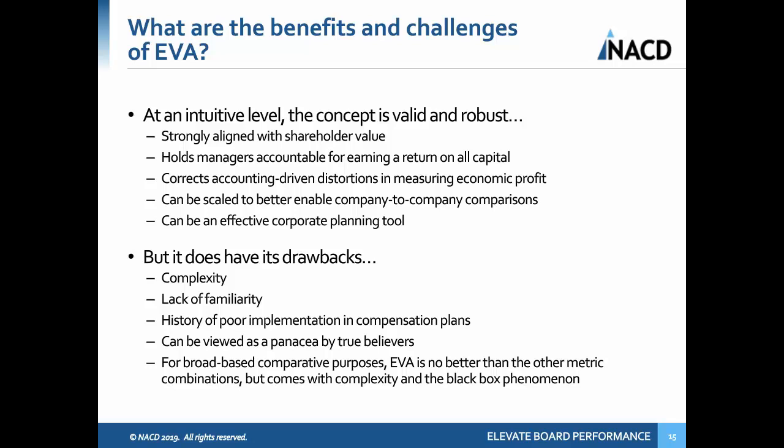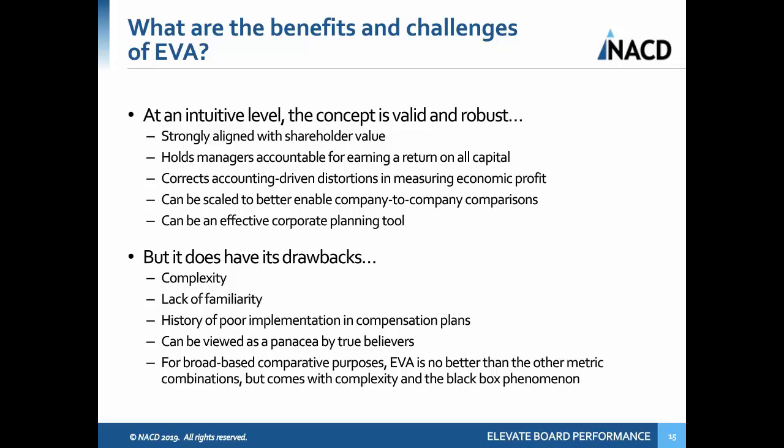When you make those adjustments that Brett talked about, or at least a handful of the most important measures, they can make a lot of sense and correct for accounting distortions and help send better signals to managers in terms of decisions they need to make to improve performance of the company. It can be scaled to better compare companies of different sizes up to a point, and that's where those scaled measures that Brett talked about come into play.